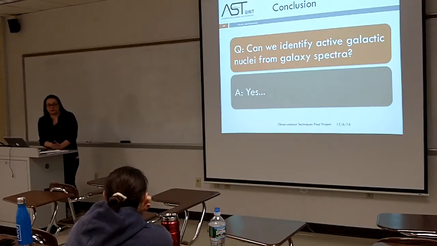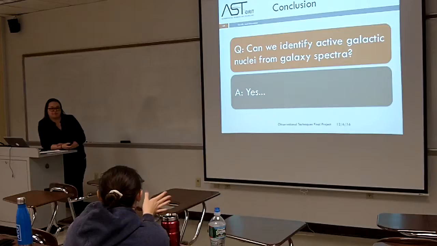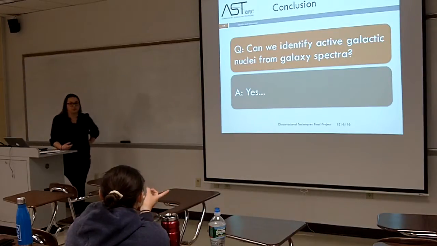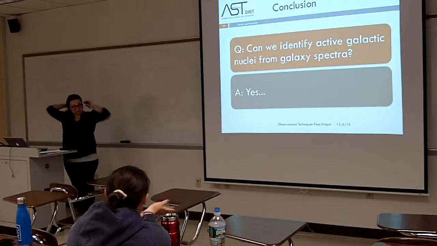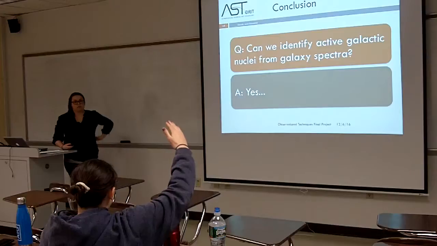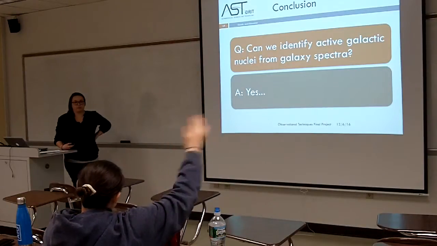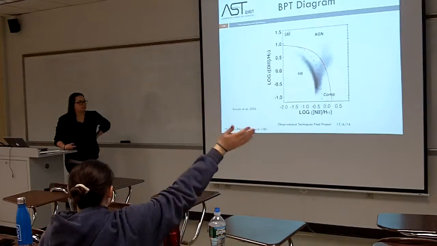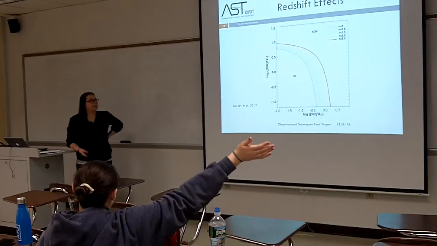Not that this was related to your question, but I was just curious that it seemed like at the redshift of 3, there were a lot fewer AGN in that half of the region because you're pushing the bar up farther the higher redshift you go. Is that kind of what people expect to see, that there would be fewer AGN in the earlier universe?